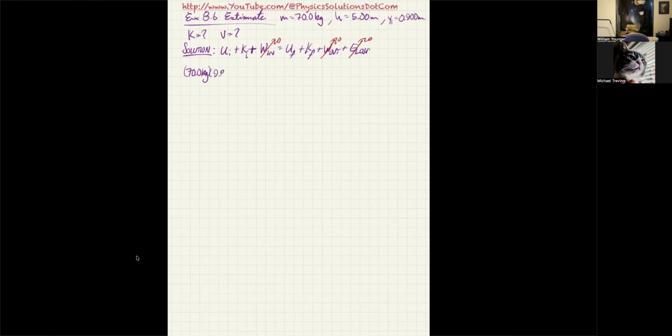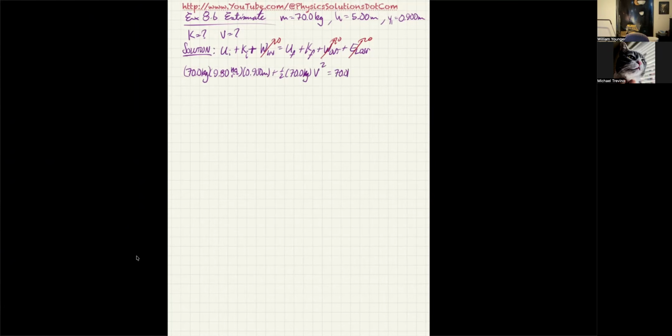times 9.80 meters per second squared times the height, which is 0.900 meters, plus 1/2 times 70.0 kilograms times V squared, which is the answer we're looking for, is equal to, now I want the height to be the 5 meters, so this is going to be 70.0 times 9.80 times, in this case, 5.00.